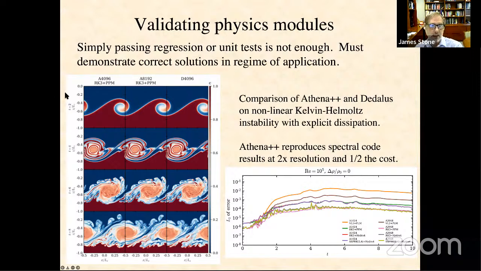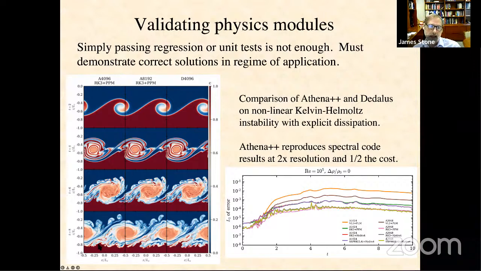And what's shown here are the results from a calculation using Athena at different resolutions and a spectral code called Dedalus. Each row here is the solution at a given time, and each vertical column is the Athena solution at either 4096 squared, 8192 squared, or Dedalus at 4096 squared spectral elements. And you can see as you increase the resolution with Athena, pixel by pixel, the solution is identical to the Dedalus 4096 solution.